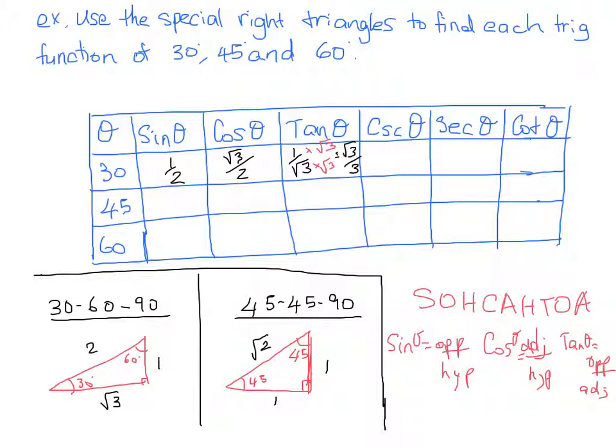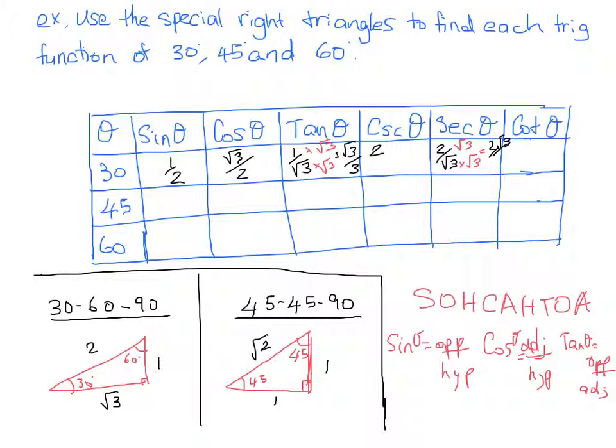So at the top here, we're going to flip 1 over 2 to get 2 over 1, or just 2. We're going to flip 2 and root 3 here, so we get 2 over root 3, but we need to simplify that. So we, again, multiply the top and the bottom by root 3, and we get 2 root 3 over 3.